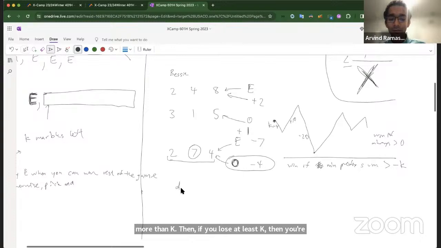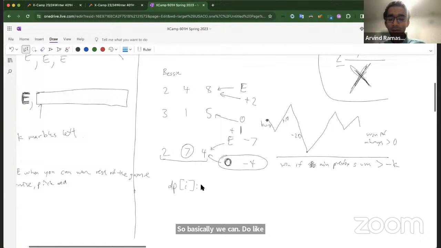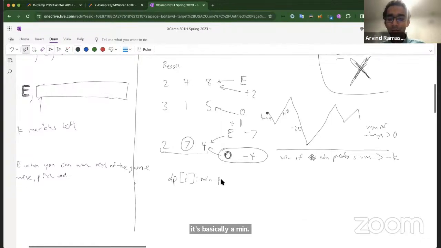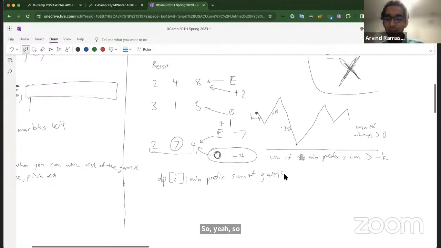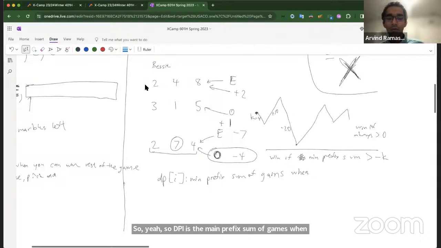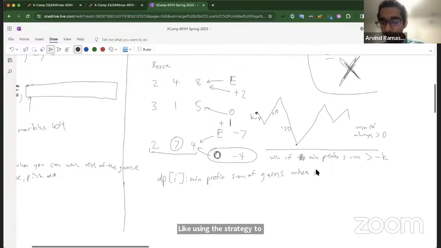So basically, we can do dynamic programming. dp[i] is the min prefix sum of gains when playing optimally, using the strategy to lose the least or gain the most.